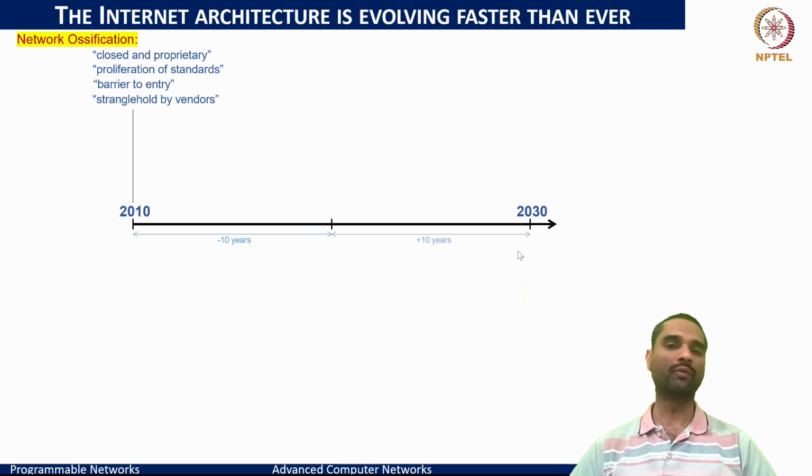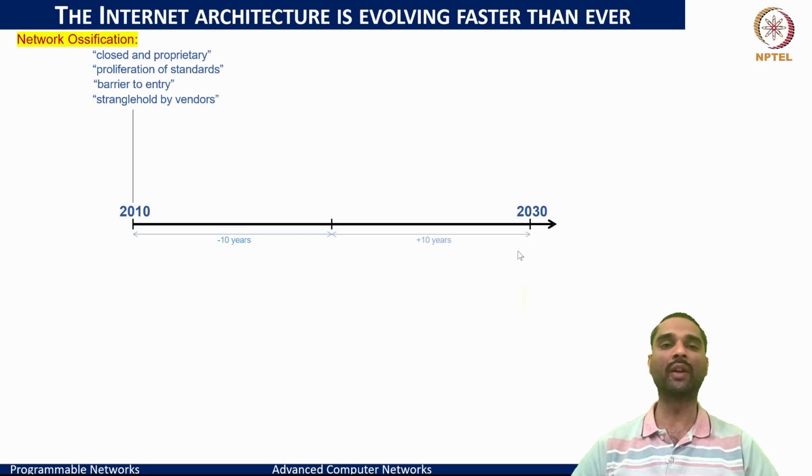So to look at a quick summary, what we have seen is we started with a network classification where the entire merchant silicons were all closed and proprietary, where proliferation of standards was just really not possible unless it took several years to bring in the innovations.